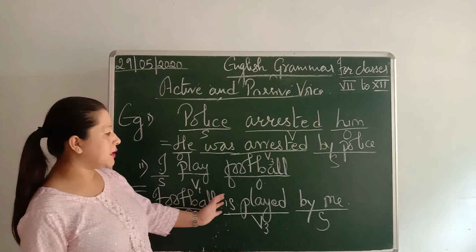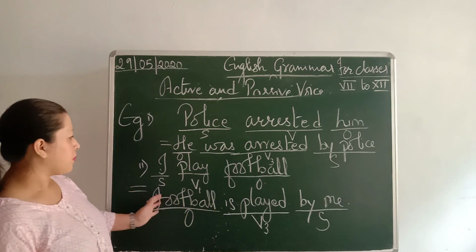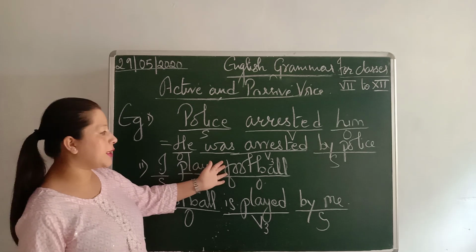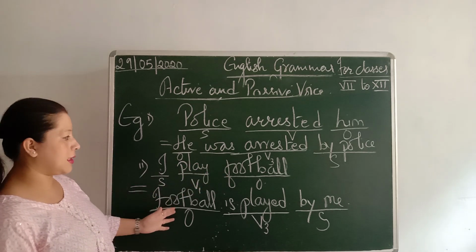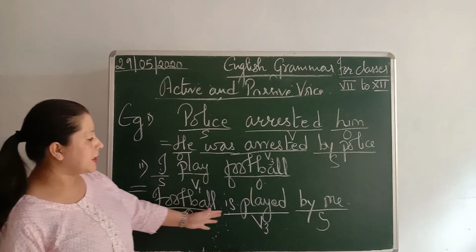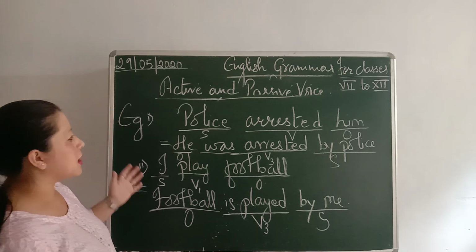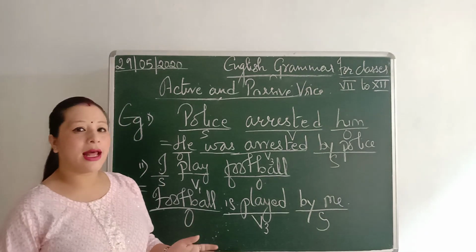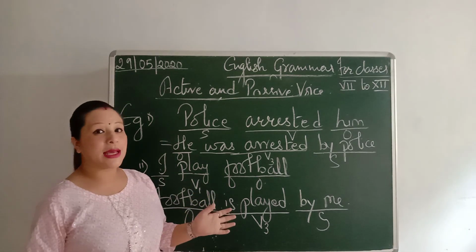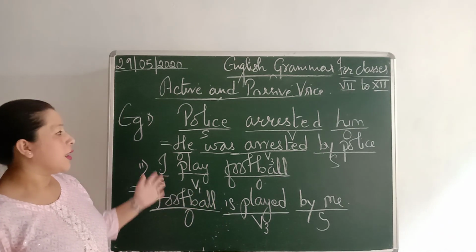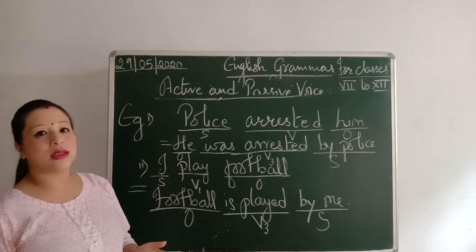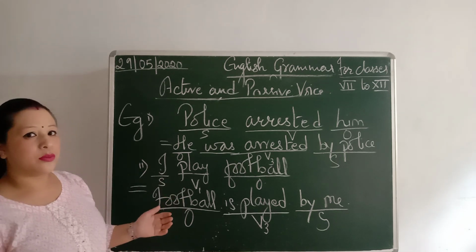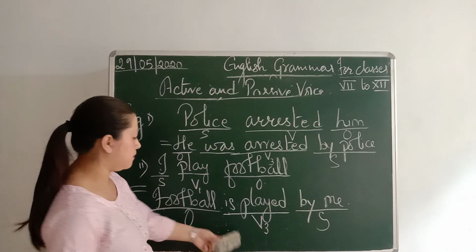This sentence, "I play football", is in the simple present tense, and "Football is played by me" is also in the simple present tense. Understood? So this is how you change an active voice into a passive voice with the help of different tenses. Not only that, you should differentiate which is the object, which is the subject, and which is the verb. So please note down all this.